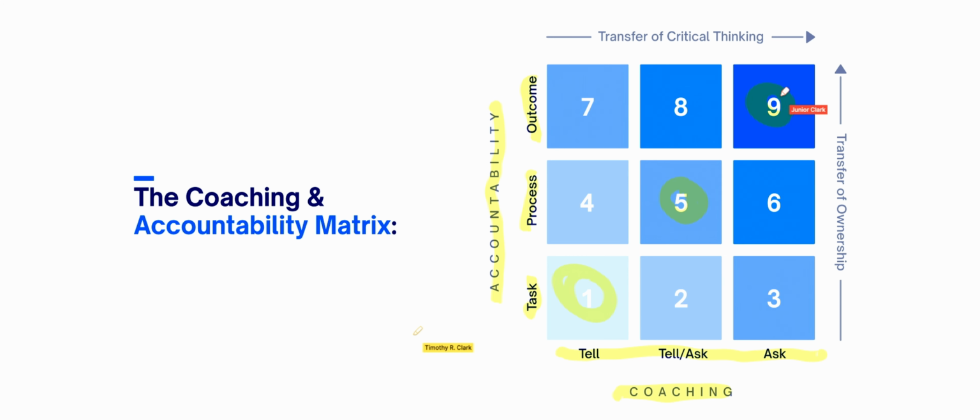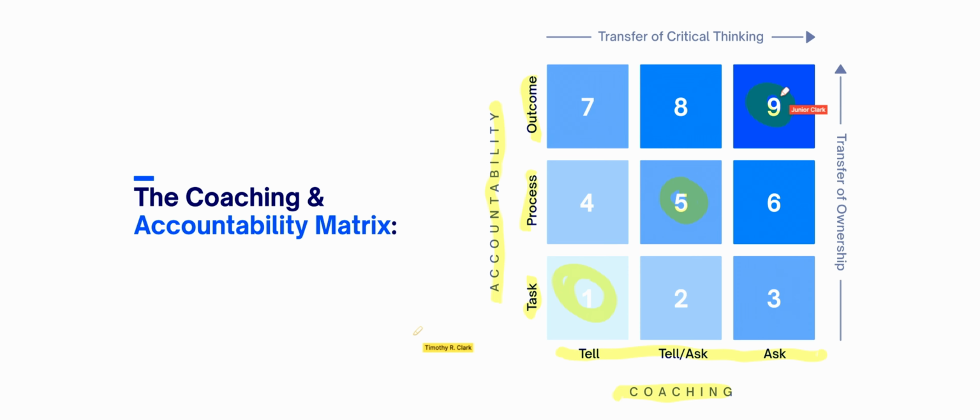So what is the hope? Why this model? What's our objective as it relates to this model? The objective is to move people up and to the right. But please notice, opposite the vertical axis of accountability, we are transferring ownership. That's the objective, and that's what happens if we can successfully move people up in accountability.